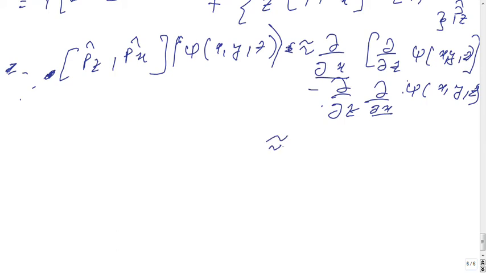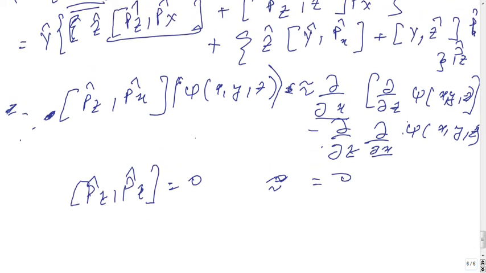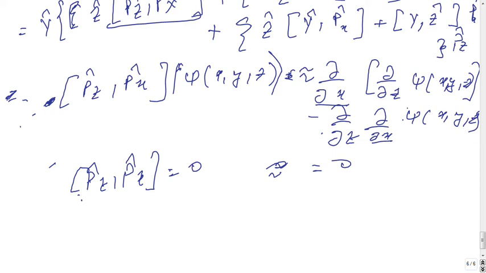So the commutation would be 0, and similarly we know that the commutation between any operator corresponding to a position coordinate and our momentum component operator, if they are along different directions, disappears.